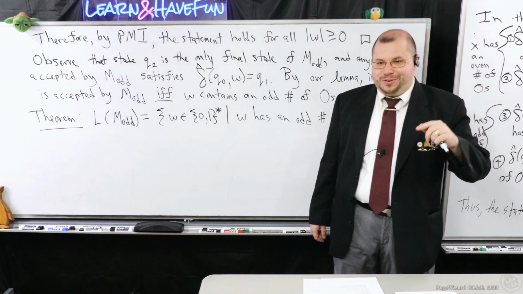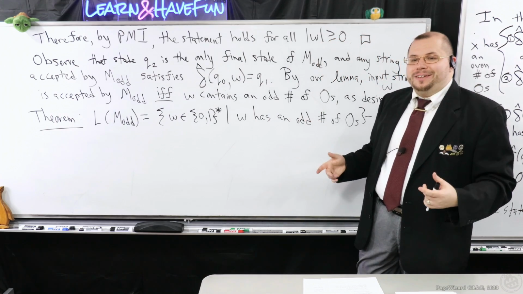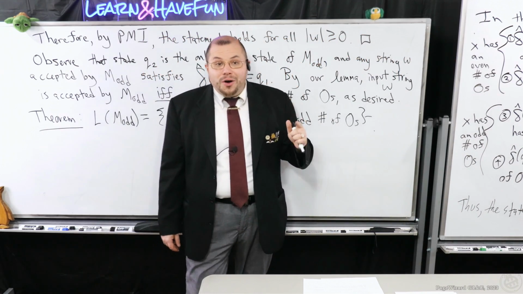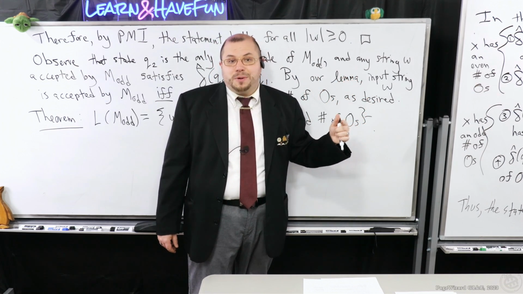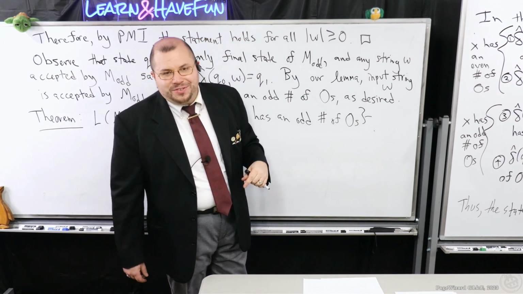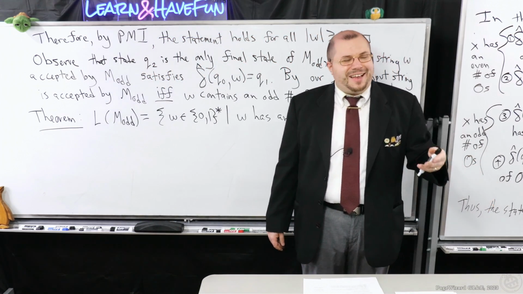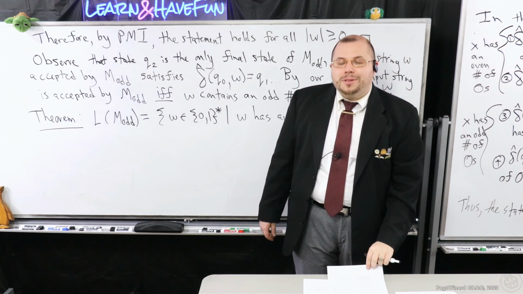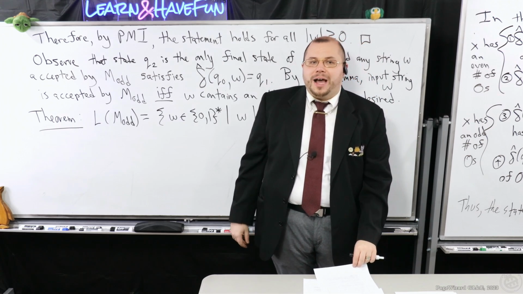The main observation is that if you use the induction hypothesis, it says whenever you're not in Q1, you have to not have an odd number of zeros. But from a number theoretic standpoint, that means you have an even number of zeros. And the only other state that isn't Q1 is Q0, right?